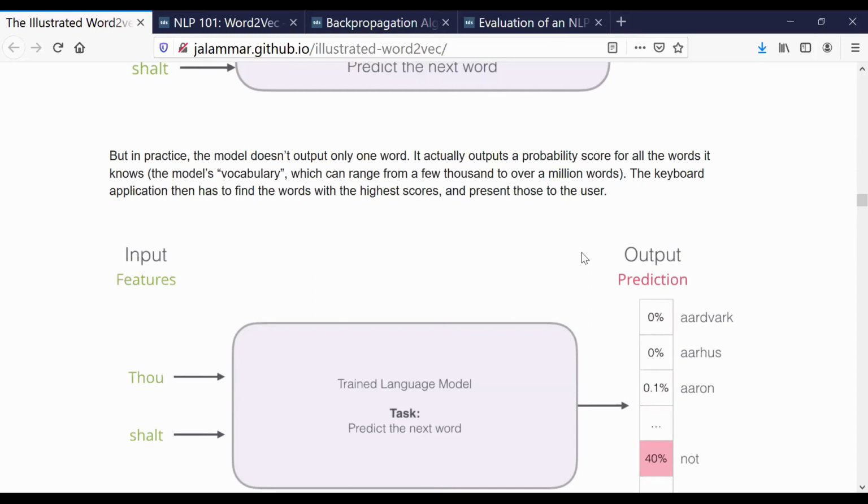Like, play. To, play. With, play. My, play. Cat, play. So in other words, I put in the context words and I predict the middle word.